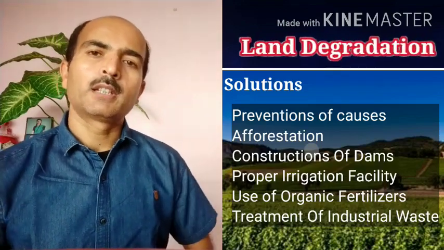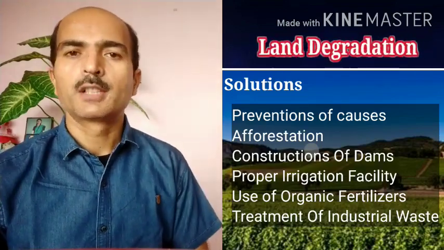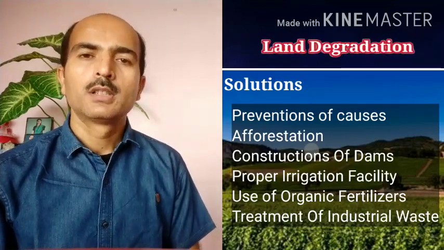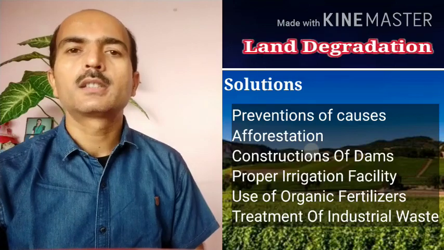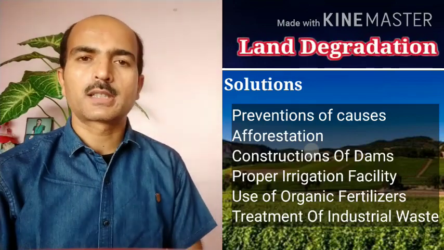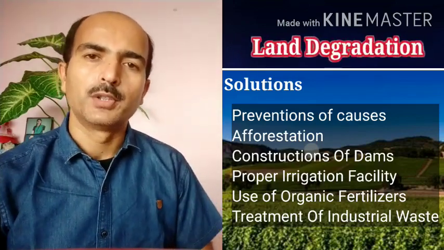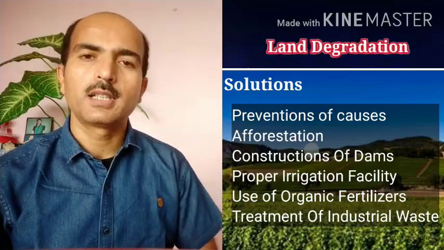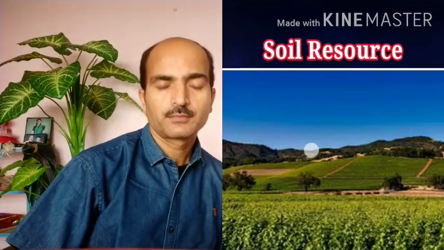The waste material which comes from industries must be treated before dumping into the river, because through the river and canals these toxic materials come into our fields and pollute the soil and make it unfit for agricultural purposes. Let's study the next topic, that is soil resource.